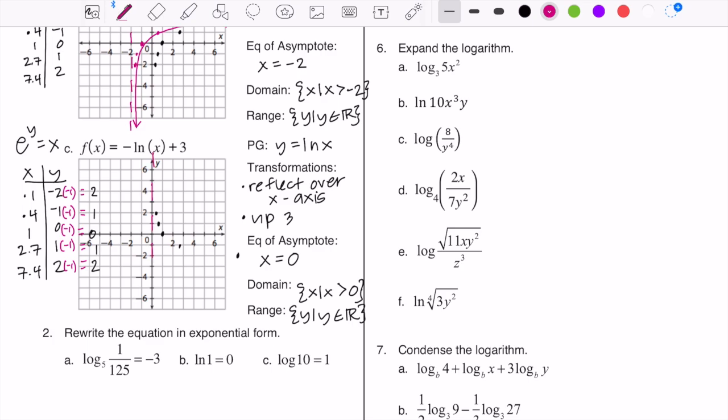Since my asymptote is at x equals 0, I'm going to draw that in. And then the last thing to do is move all these points up 3. I'm still taking that curve and still getting that arrow, but now it's going to go up along its asymptote instead of down.